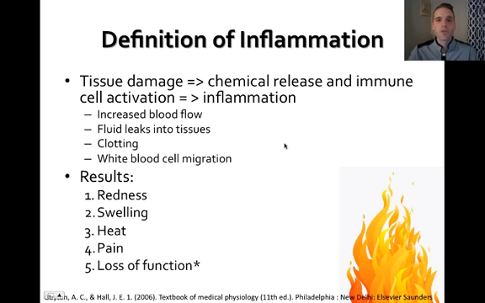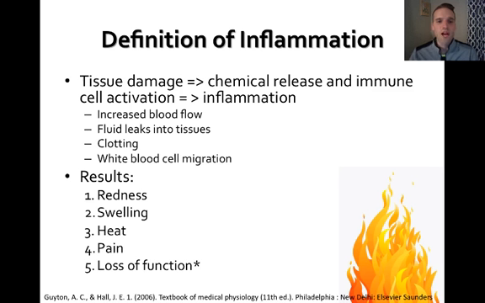You can go back and review those in video 1, but now I'm going to give you the why behind why those happen. When this inflammatory process takes place, we get increased blood flow to the tissue that is damaged. We get fluid that leaks into the tissue that promotes that swelling, and the increased blood flow is what gives us the redness.